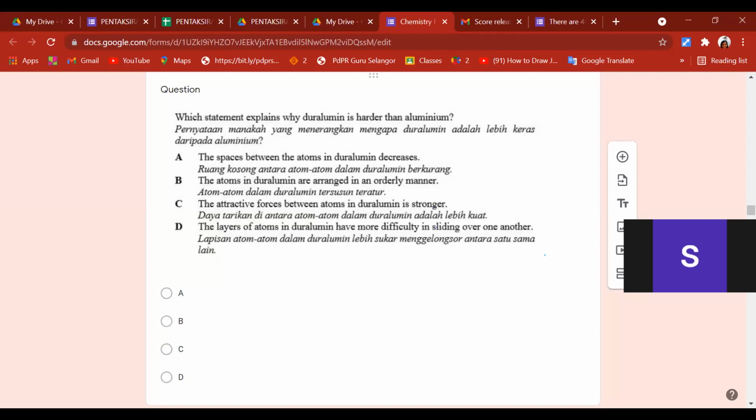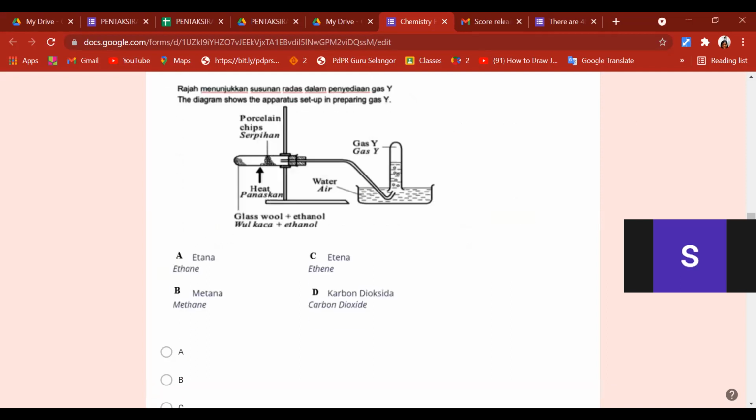Very good. The answer is D. What is duralumin? What is it categorized under? Alloy. Correct. So duralumin is an alloy. In alloys, you have more metals together. Correct. Answer is D.